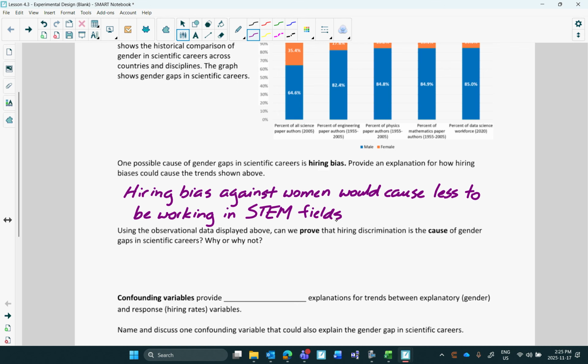So using this observational data, and this is called observational data because it was just looked at and collected. Nothing was manipulated, nothing was tested, this information was just gathered.